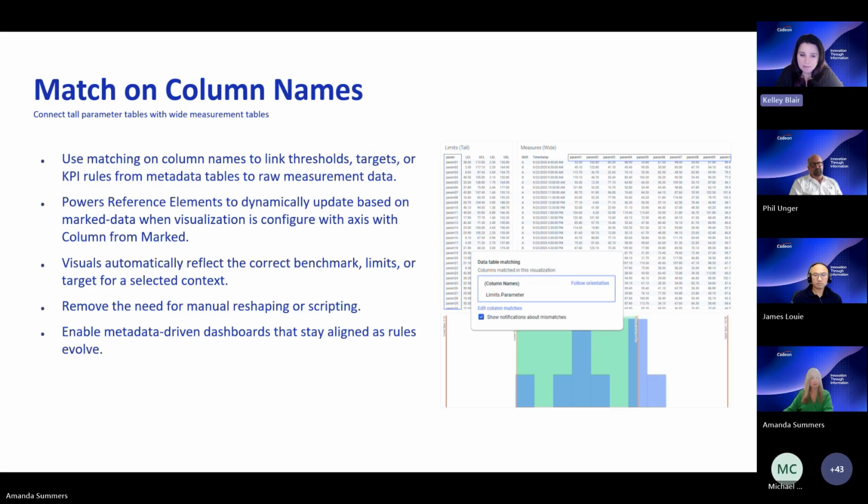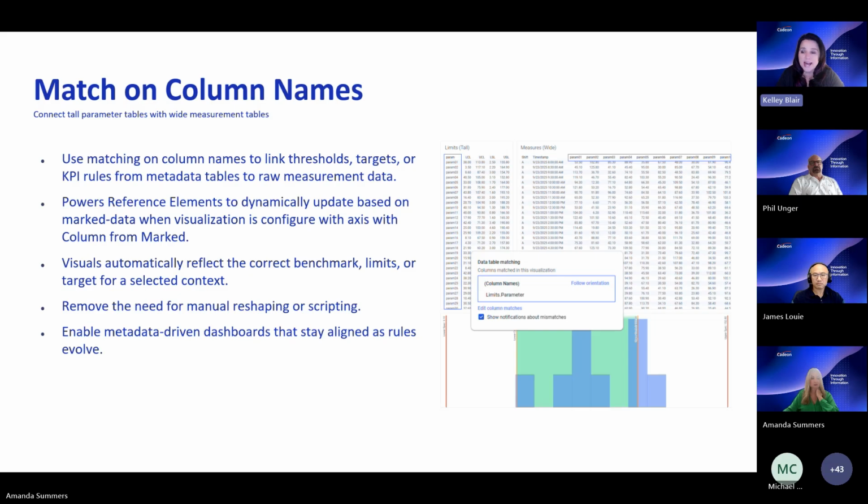So next up, we have a new column matching option that's going to make it easier for us to pivot and unpivot our data. In the past, we did have the ability to run those types of transformations, but that is now built in a bit more, and the column matching option makes it easier to connect our tall parameters against the wider metadata tables with our measurements, helping us match rows that might hold things like temperature, pressure, flow.